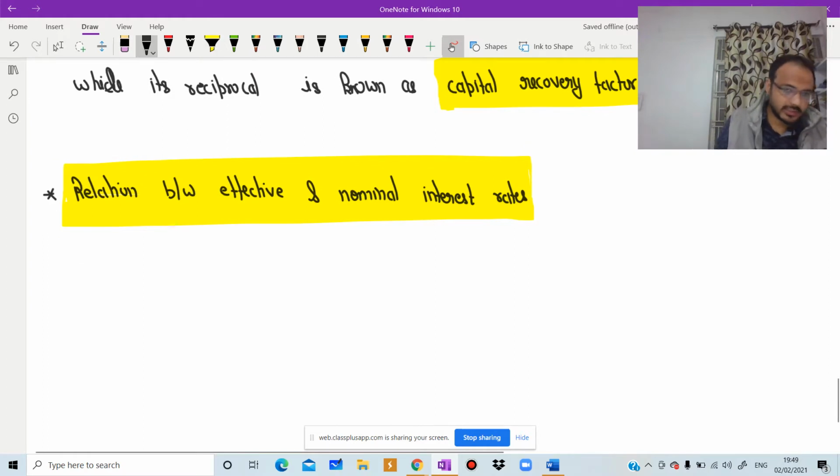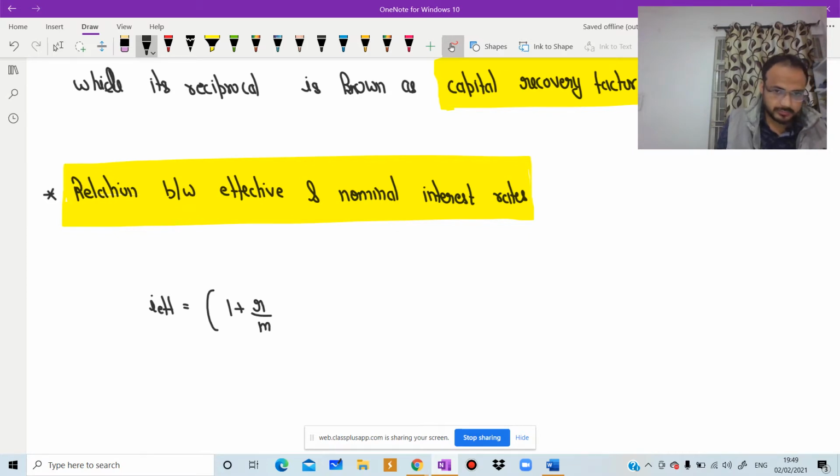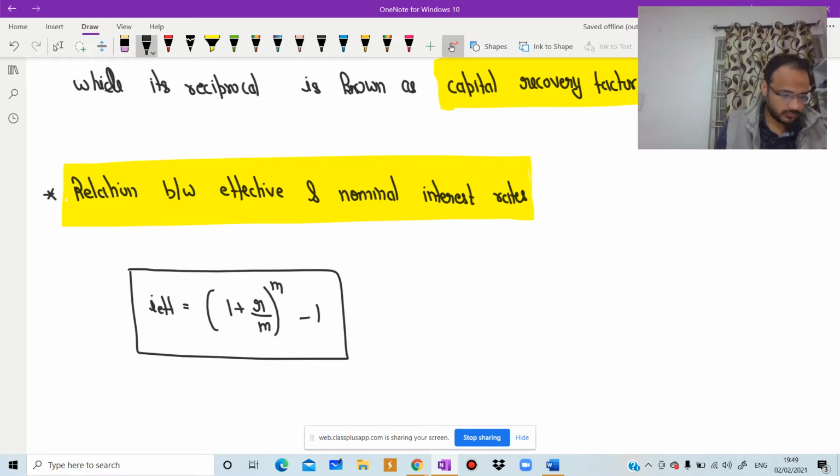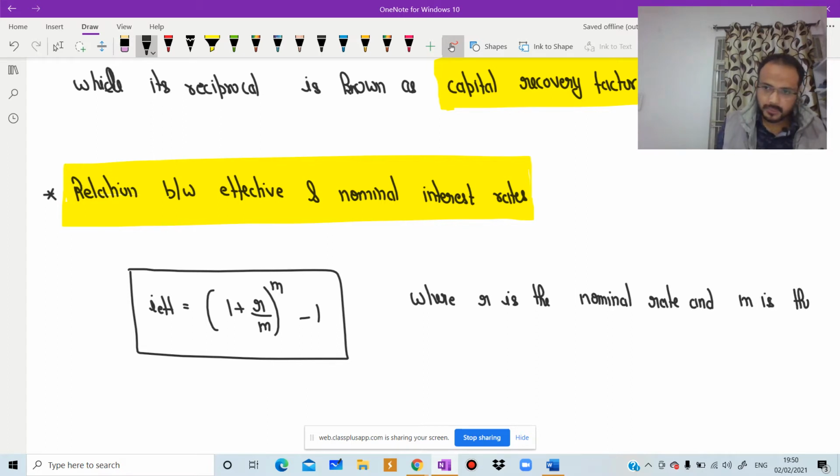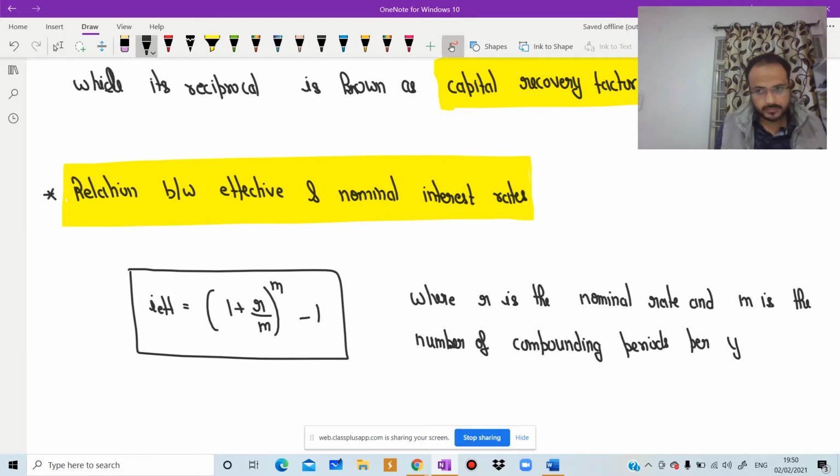So I effective is equal to (1 plus r by m) to the power m minus 1, where r is the nominal rate and m is the number of compounding periods per year.